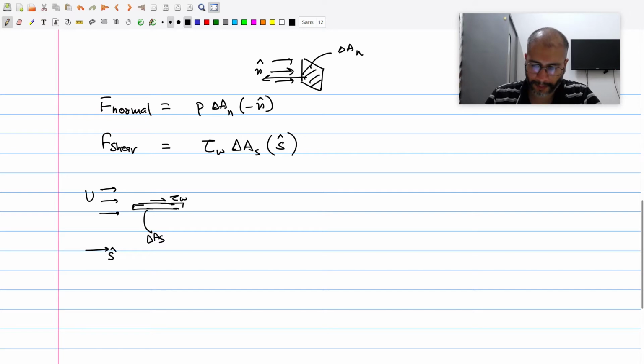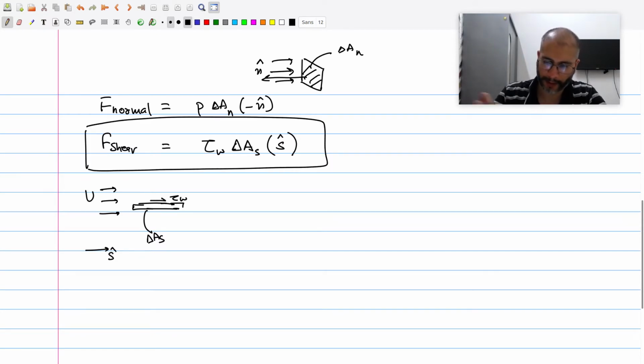Shear force will always act along the direction of the flow, and normal force will act opposite to the direction of the flow. So these are the two kinds of forces that are acting, and the focus of today's lecture or the next few lectures is to find out this shear force. Basically the focus is to find this wall shear stress on the solid surface.